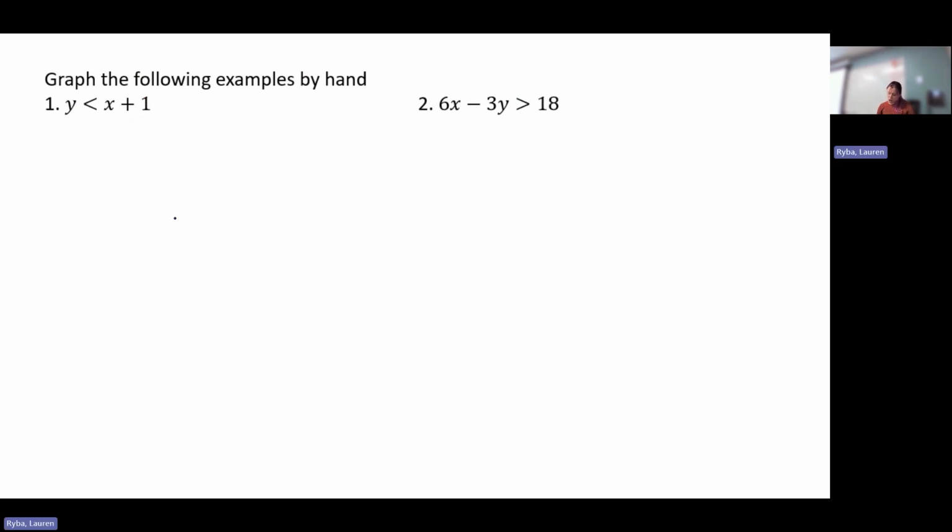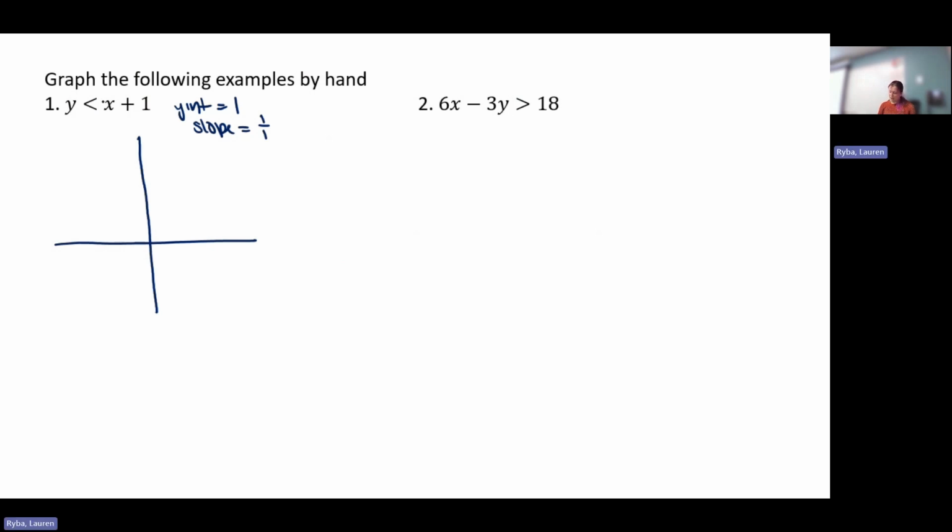All right, so this first one here, y is less than x plus 1. So that means my y-intercept is 1, and my slope is also 1, and I'm going to put it over 1 because the slope should always be written as a fraction, because slope always moves 2 directions.